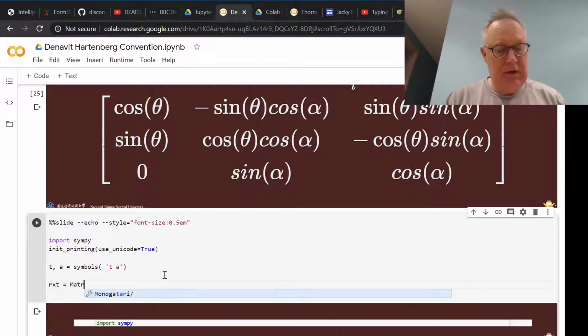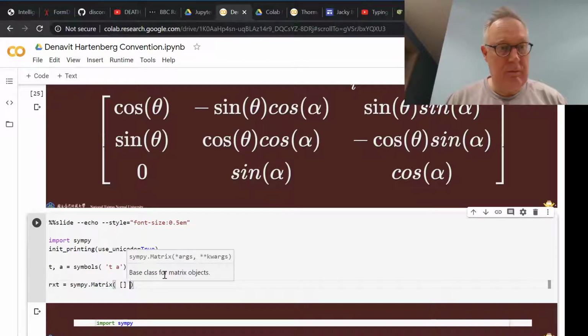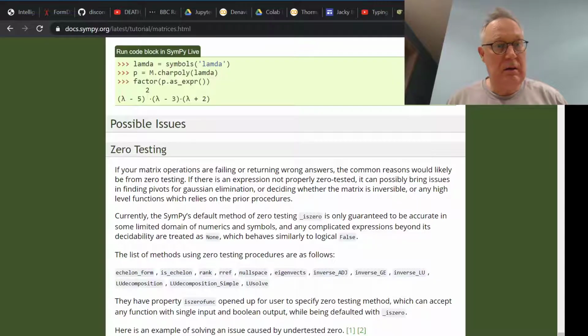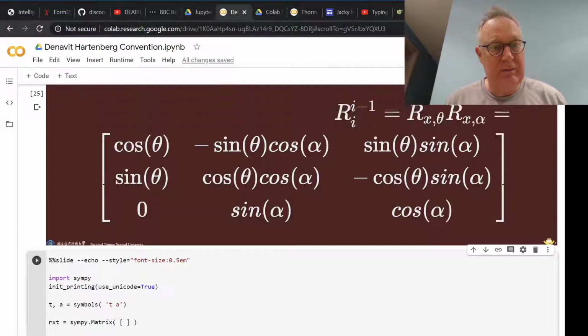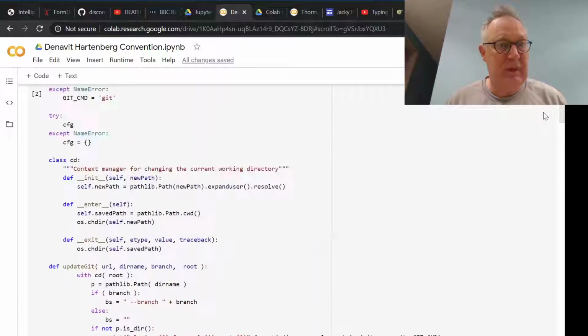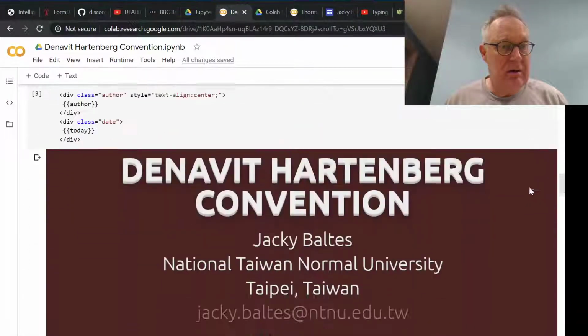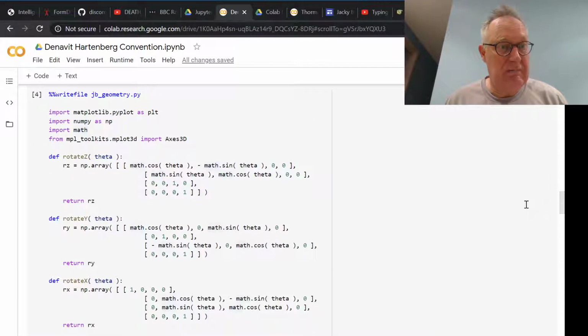Rxt is equal to matrix. And then I need, so if we rotate around angle x, axis x, then did I copy that here?